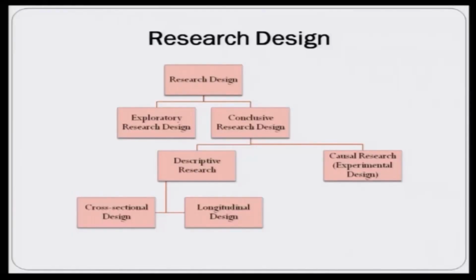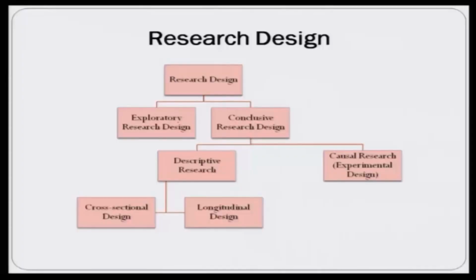Then we started talking about the next step, that is research design. There are broadly two types of research design, exploratory research design and conclusive research design. Within conclusive research design you have descriptive research design, which is further subdivided into cross sectional design, where at a particular point of time you draw a sample and come out with the information you are seeking from that sample.